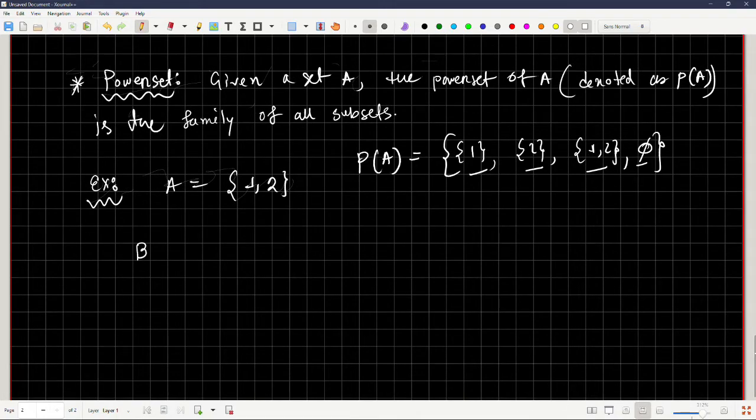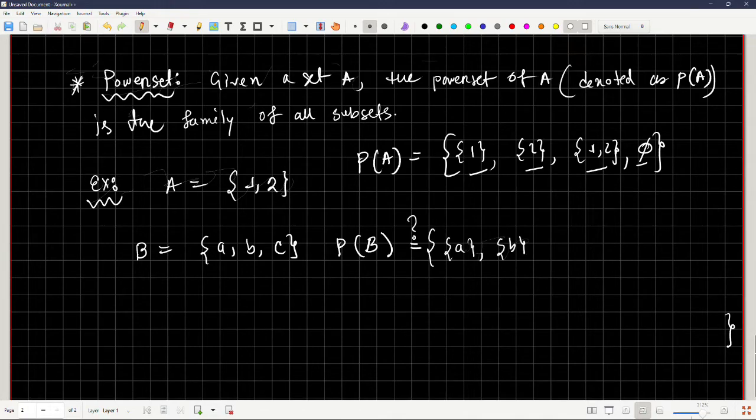Now if you take another set, let's say B equals A comma B comma C, can anyone tell me the power set of B? I think I will go first. A, B, C, and then A B, B C, C A. Okay, slow down. A, B, C, then what?